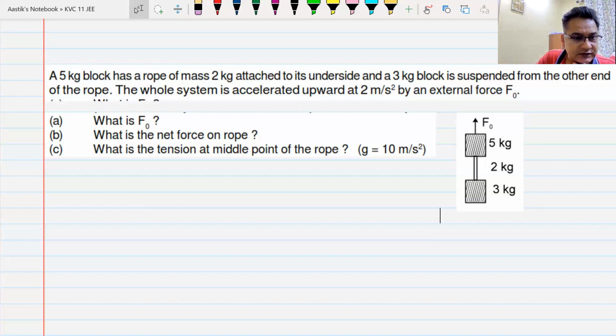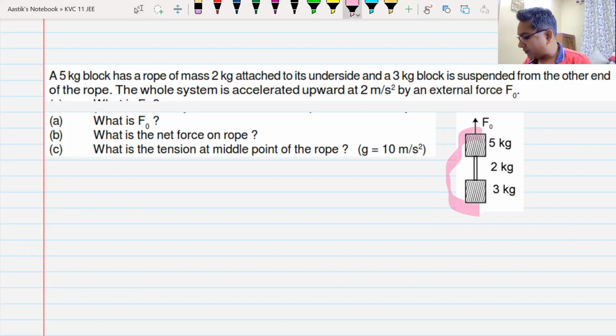No one knows this. F naught minus, F naught and minus equals 2 into 10. Yes, that is correct. That is what you need to do, and you have done it correctly. I must appreciate that. So, to get the value of F naught, what do you do, bacha?